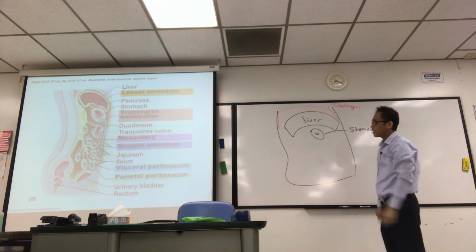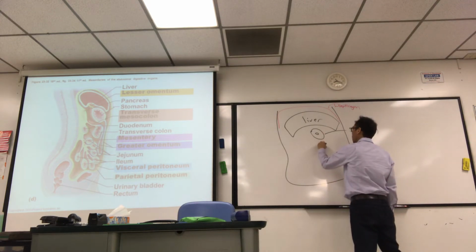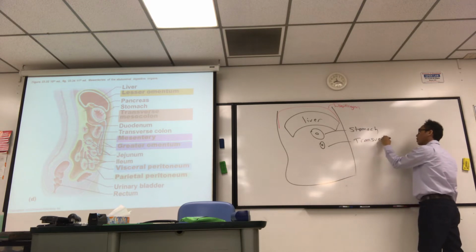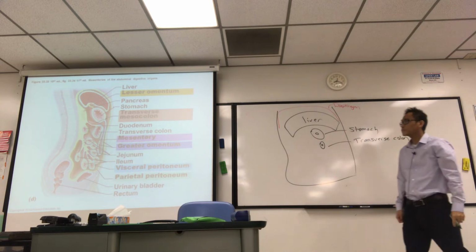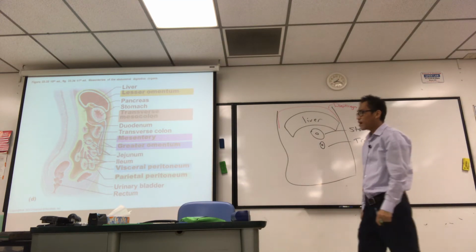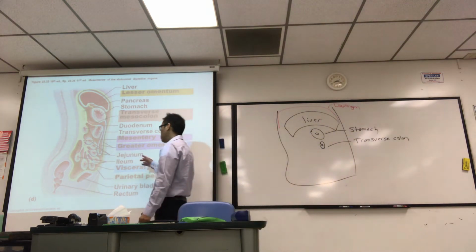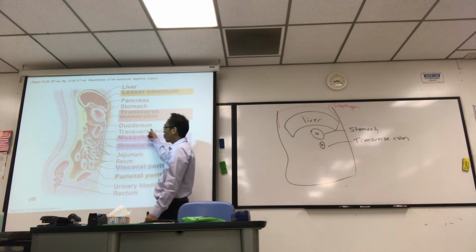And underneath that, you got the transverse colon. And then you have a bunch of cut small intestines. Notably, the jejunum and the ileum is most of the small intestine. The first part, the duodenum, is up here.